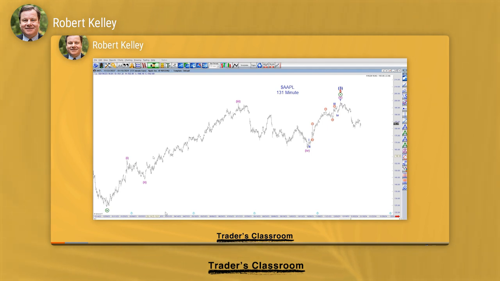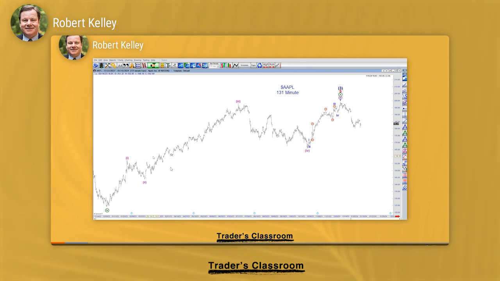So it's impulse waves on the upside and corrective waves on the downside. So it's a very ideal trading instrument if you like to trade stuff, and you've got liquid options on it. So the wave count has worked out quite well here for the last year and change.